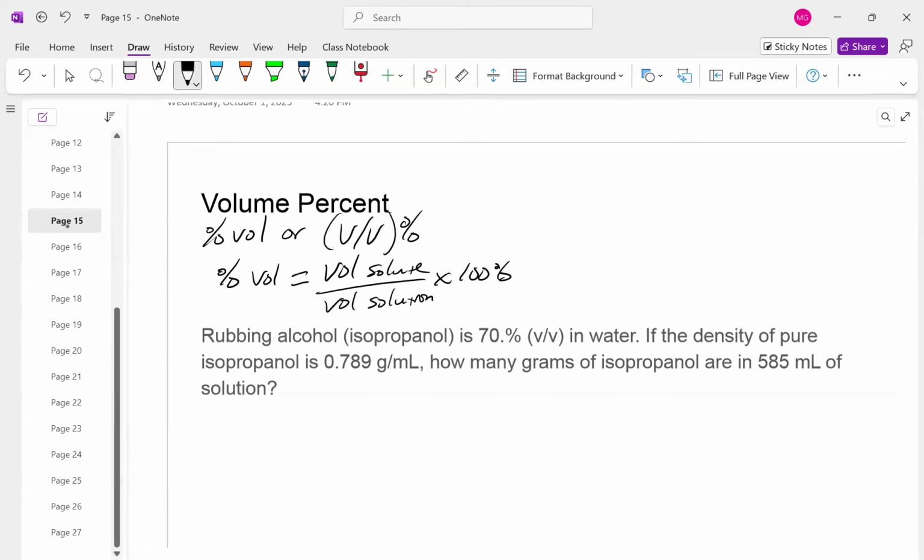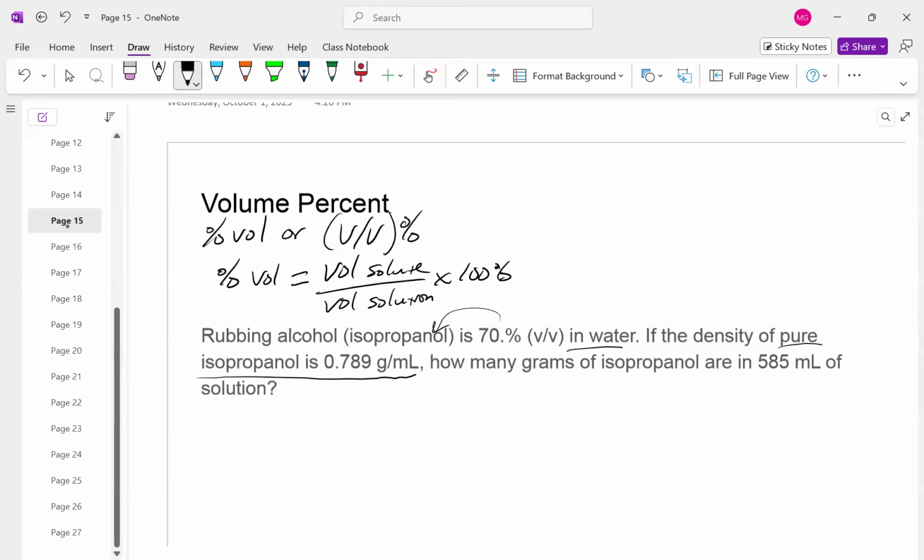And we can use those percent volume numbers just like we did percent mass to make conversion factors. So if we look at this problem here, rubbing alcohol is 70% isopropanol in water. If the density of pure isopropanol, I want you to highlight and star that, is 0.789 grams per milliliter, how many grams of isopropanol are in 585 milliliters of solution?